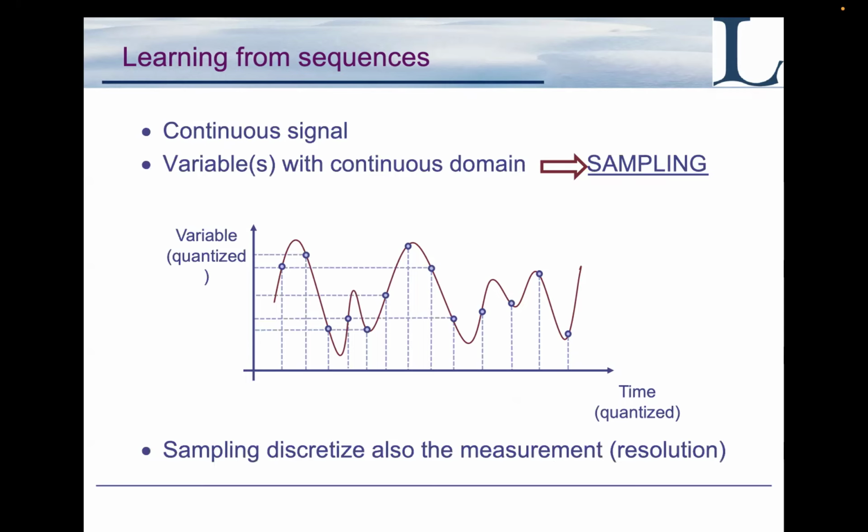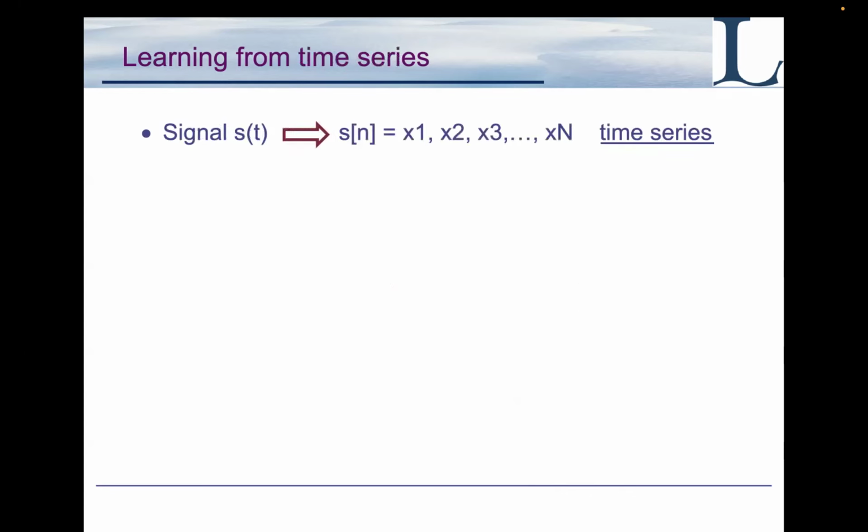The next step is to discretize even the values, and this process is called quantization. So we define quantization levels, or bins into which we fit the actual values, and we get a discretized and quantized signal. So from a signal we obtain a time series: a sequence of quantized data measured at discrete intervals of time.